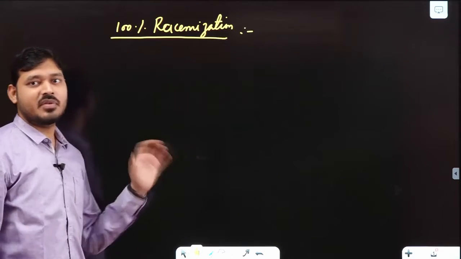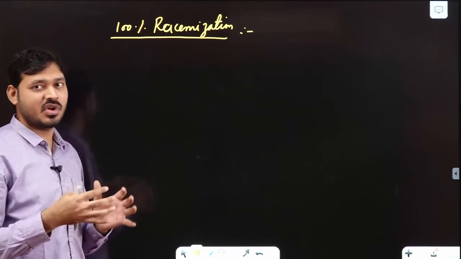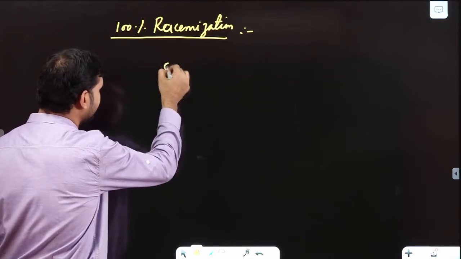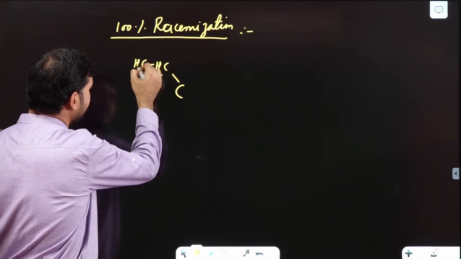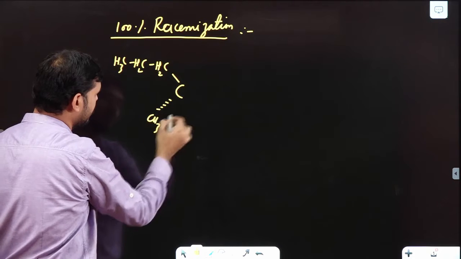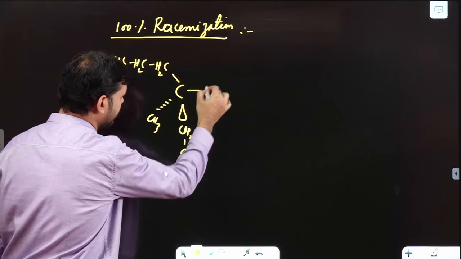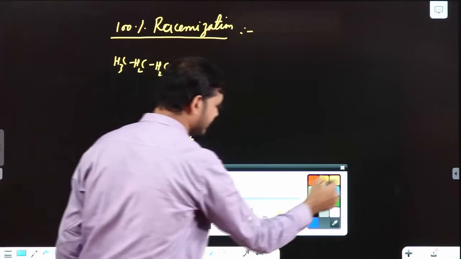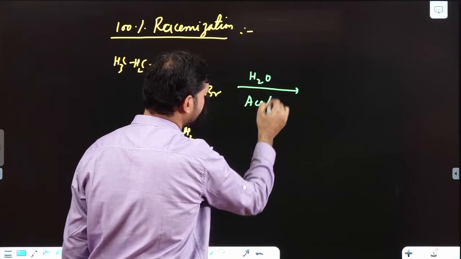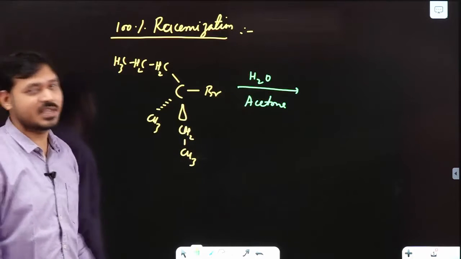I'm just giving you one example where you can understand how perfect racemization occurs or where it occurs. Suppose you have CH2, CH2, CH3. See, here you have taken aqueous acetone.